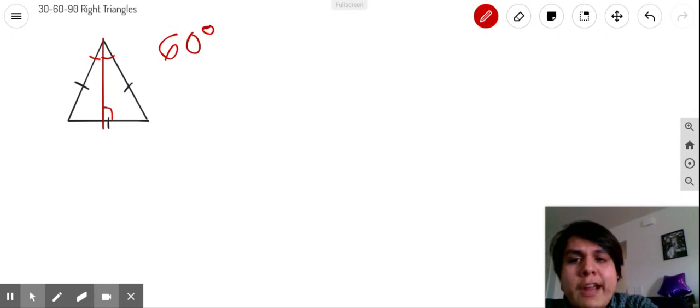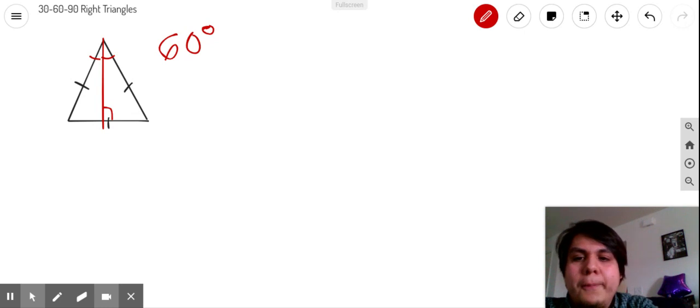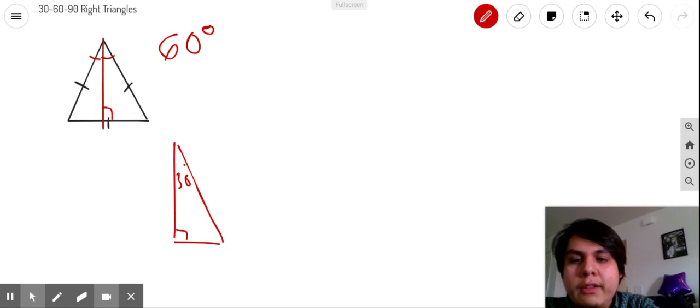So if I pull out one of those two smaller triangles that I just formed, I know that's 30, that was 90, so this was still going to be 60, right?